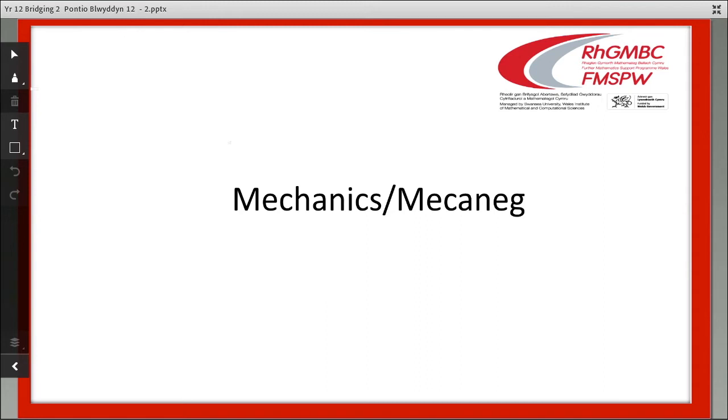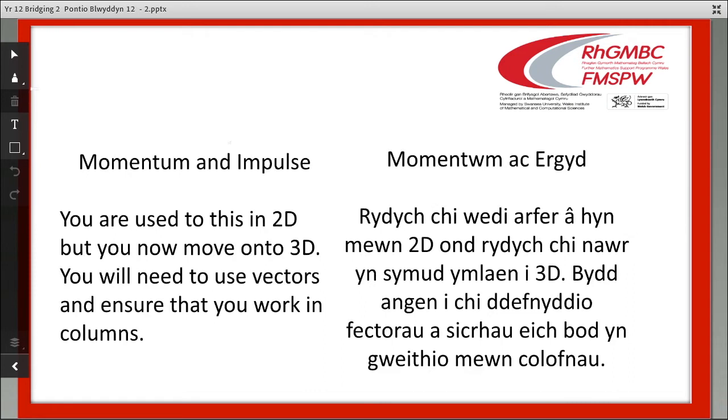Now, in this session, I will start by looking at the mechanics side of moving from FM3 into FM6. The first thing I want to look at in the mechanics section is momentum and impulse. As it says there, we're used to doing this in 2D. Technically, we've done it in one dimension.